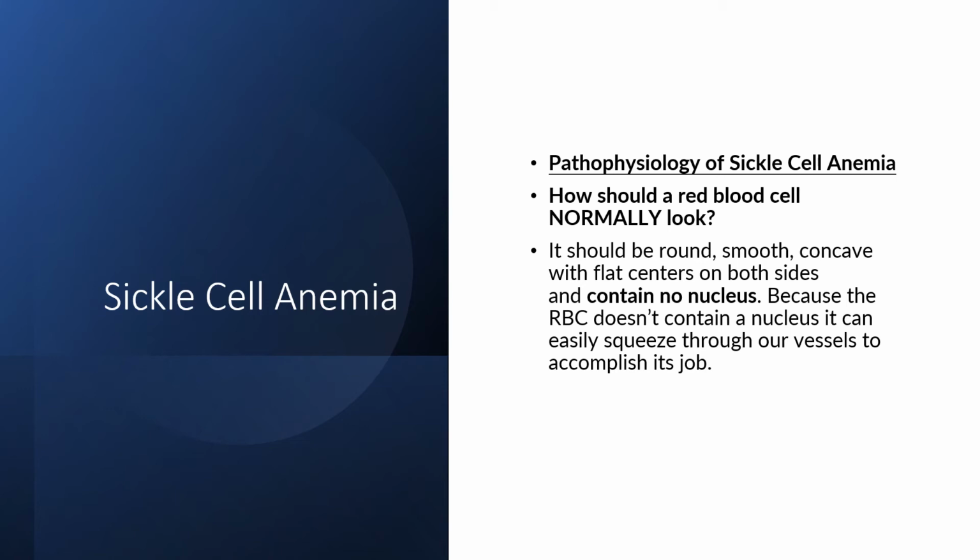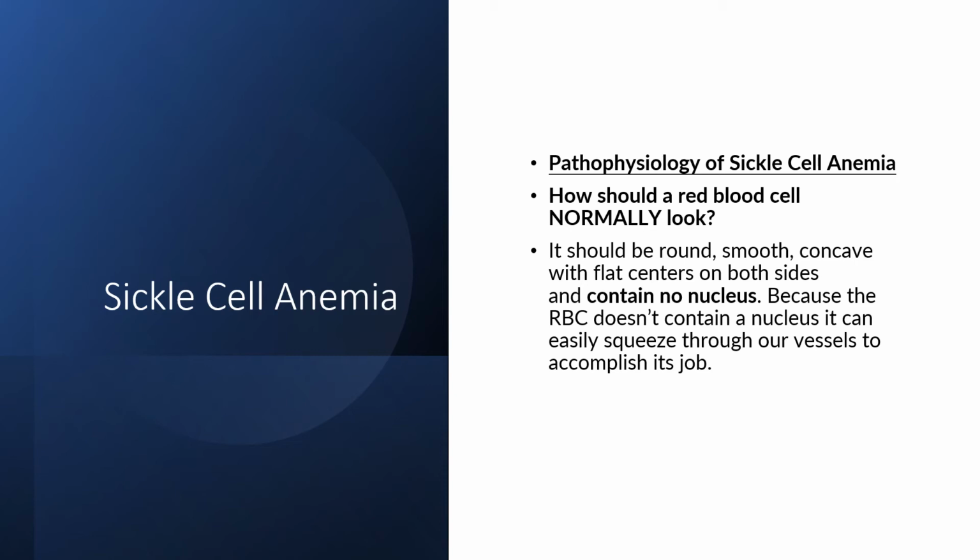Pathophysiology of sickle cell. How should a red blood cell normally look? It should be round, it should be smooth, and it should be concave, with flat centers on both sides, and contain no nucleus. Because the red blood cell doesn't contain a nucleus, it can easily squeeze through our vessels to accomplish the job.